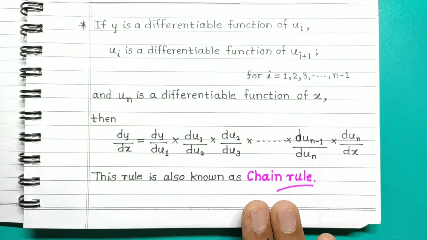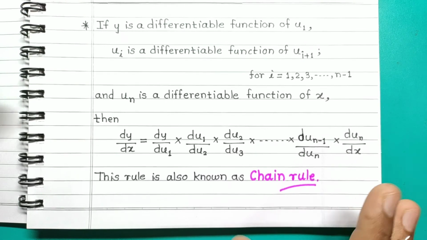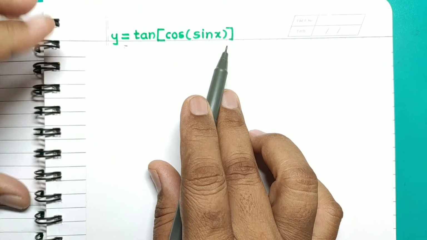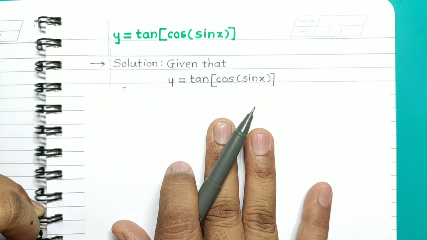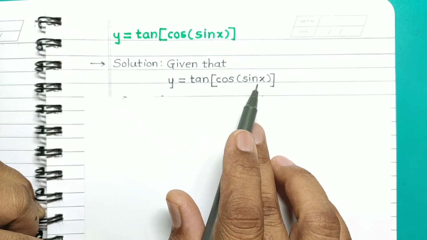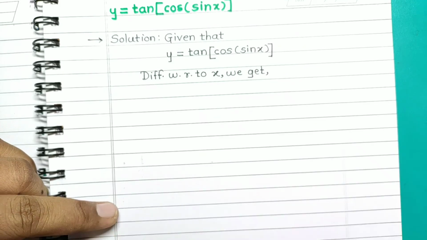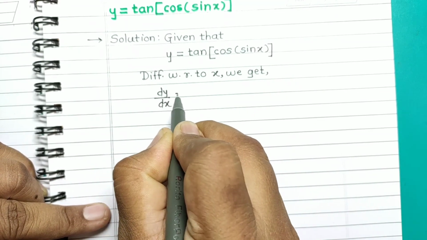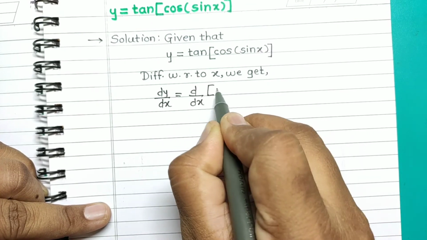So let's find the derivative of one more function using this chain rule. We are given the function as tan of cos of sin x. So finding dy by dx, you write down the given function y is equal to tan of cos of sin x. Differentiating with respect to x, we get dy by dx is equal to derivative of this given function.